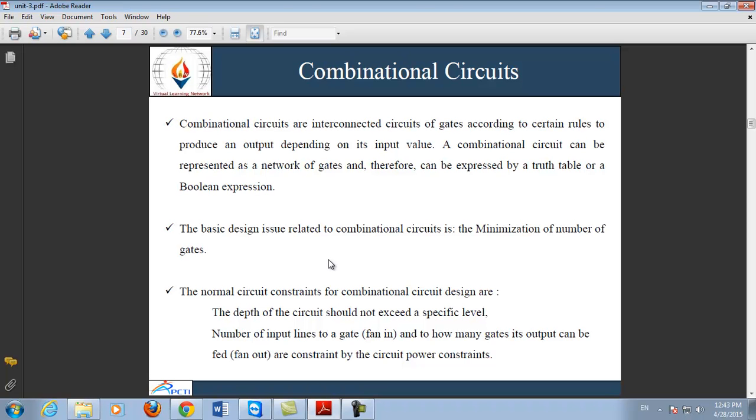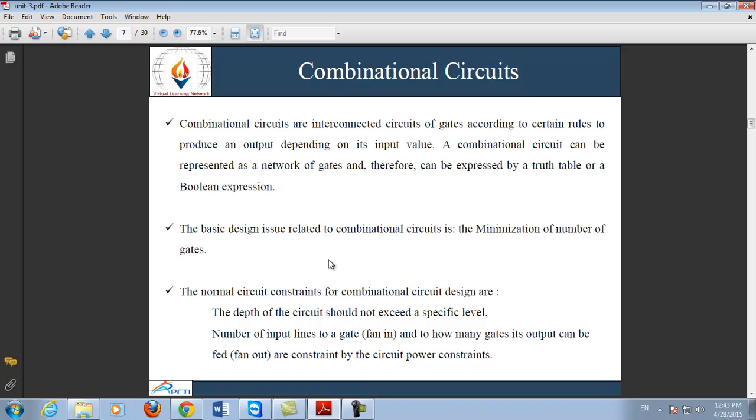Means whenever you combine different circuits, or whenever you interconnect different circuits of gates to produce an output, then it will be known as a combinational circuit. Or a combinational circuit can be represented as a network of gates, and you can present it by a truth table or Boolean expression or any other gates.